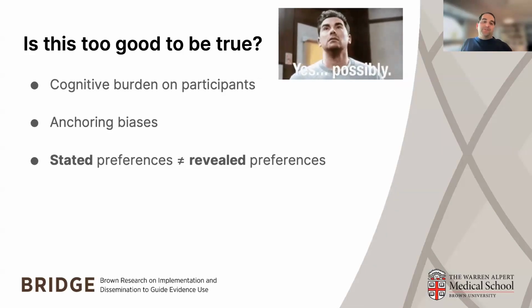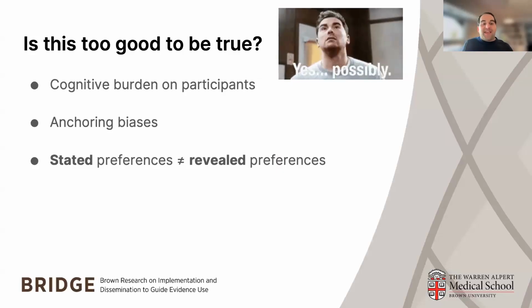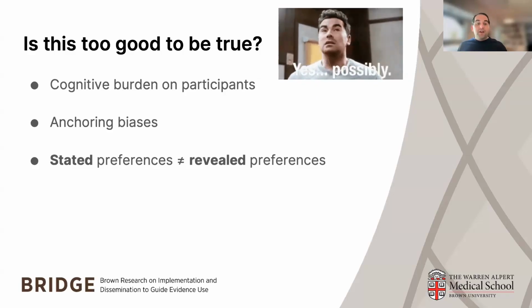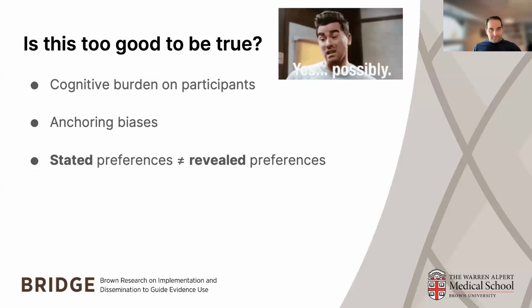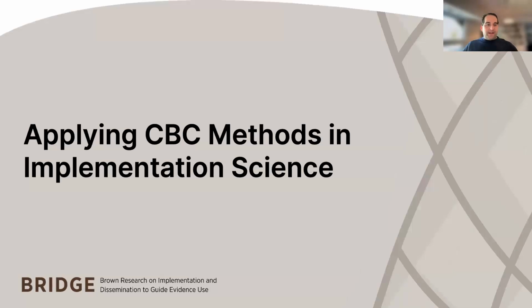That doesn't always predict whether people will actually uptake or use those services if offered in reality. So something that we always have to contend with in this world of choice-based conjoint is that we are asking people about hypothetical preferences, and it's not a reflection or a prediction of their actual reality or behavior.